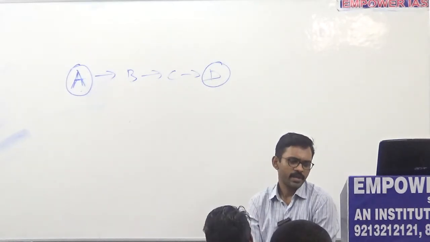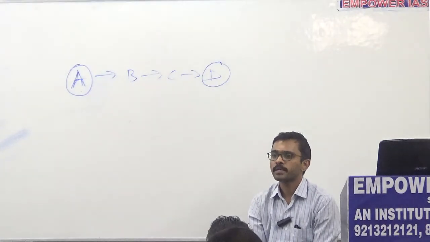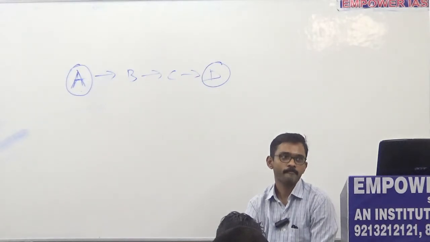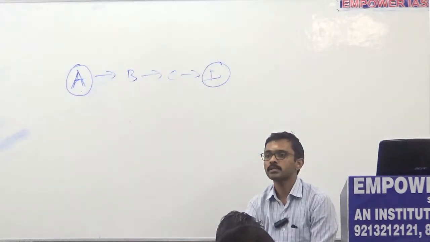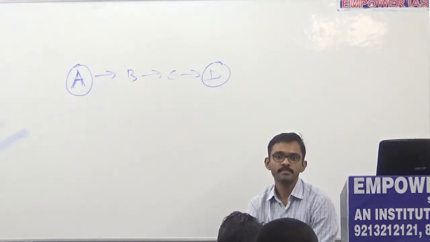And the last fallacy, a small fallacy, is that two wrongs do not make a right. Just because others are doing a wrong thing, that does not justify you doing the same thing.